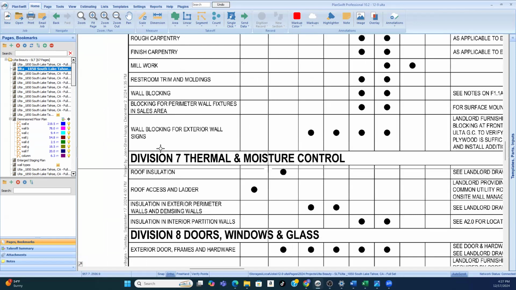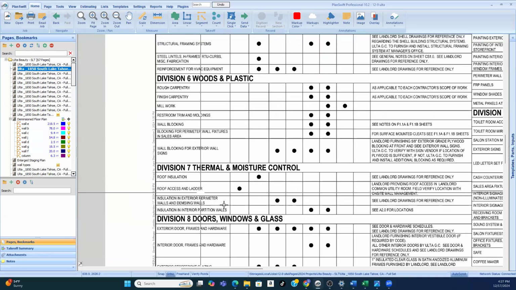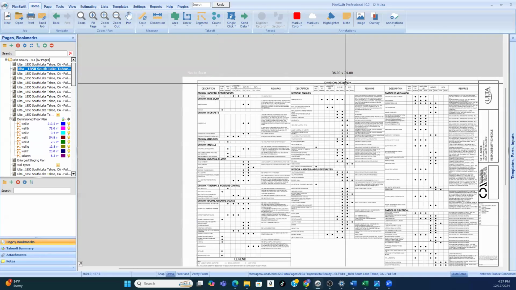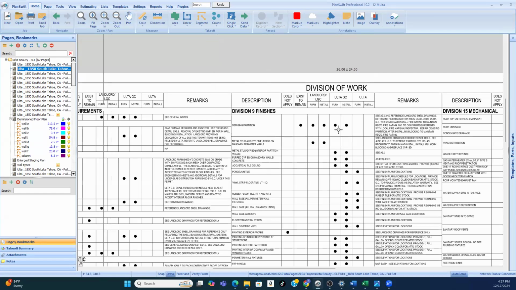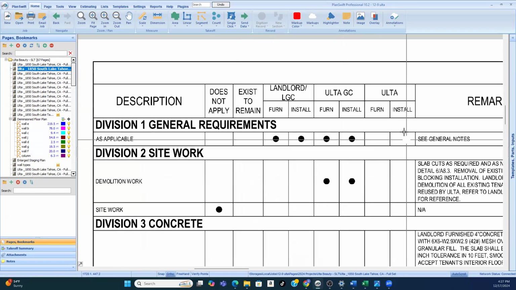If we're doing the roofing, that's Division 7, and so it's going to give us all the details about insulation, the roof material, the manufacturer, all of that stuff. Okay, so this division of work basically is also called a responsibility schedule. And it will tell you, as we see up here, the description: does not apply, exists to remain, landlord furnish and install.